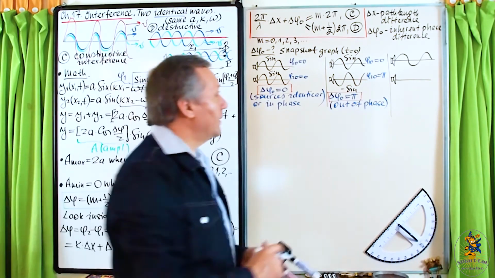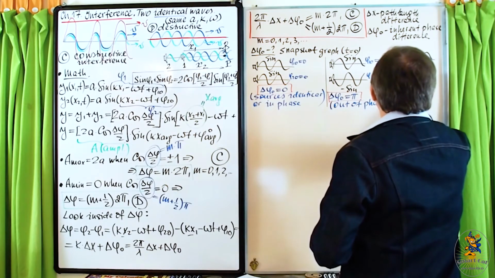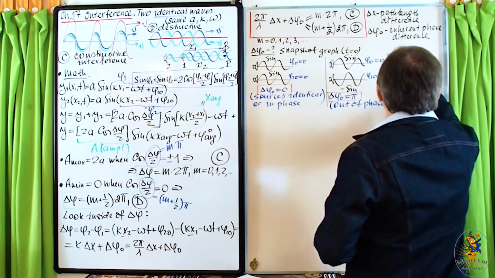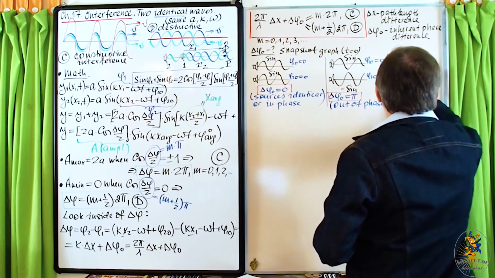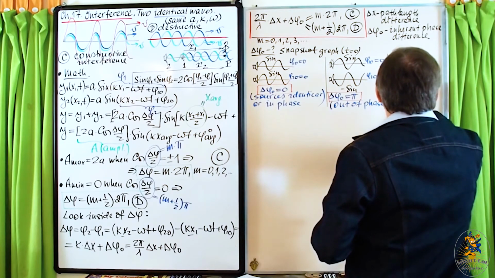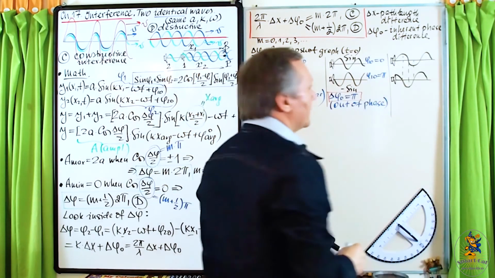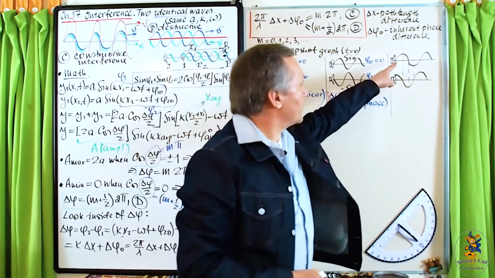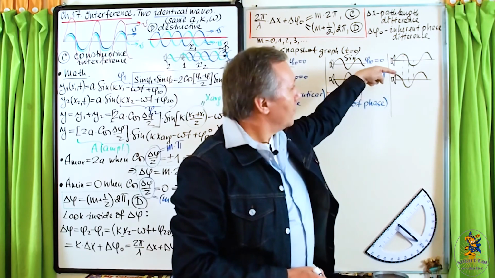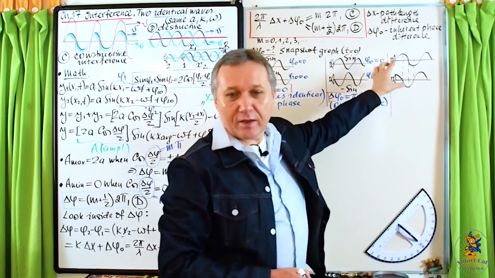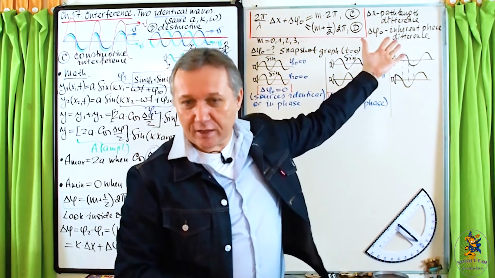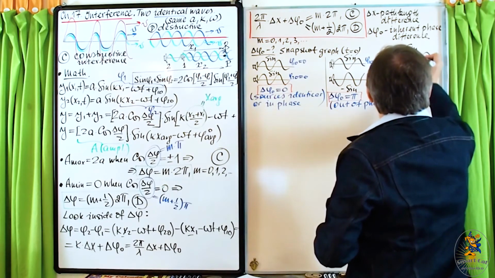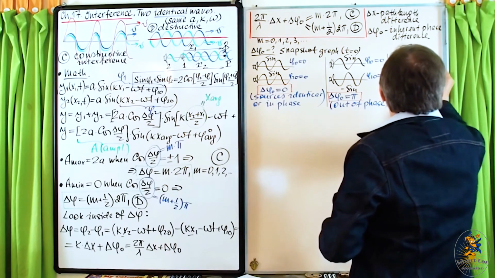But what if the second generates cosine function? You see, the first goes up immediately, but the second source generates maximum and then it goes down. So here we have sine function, here we have cosine function.